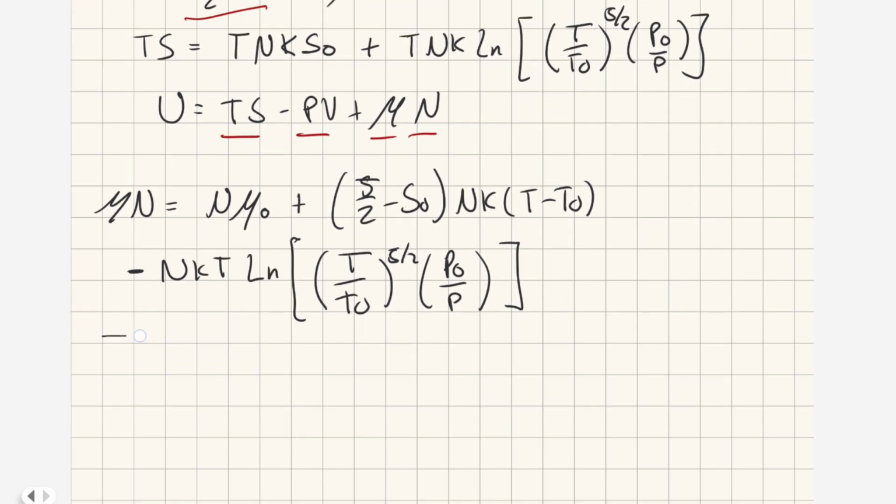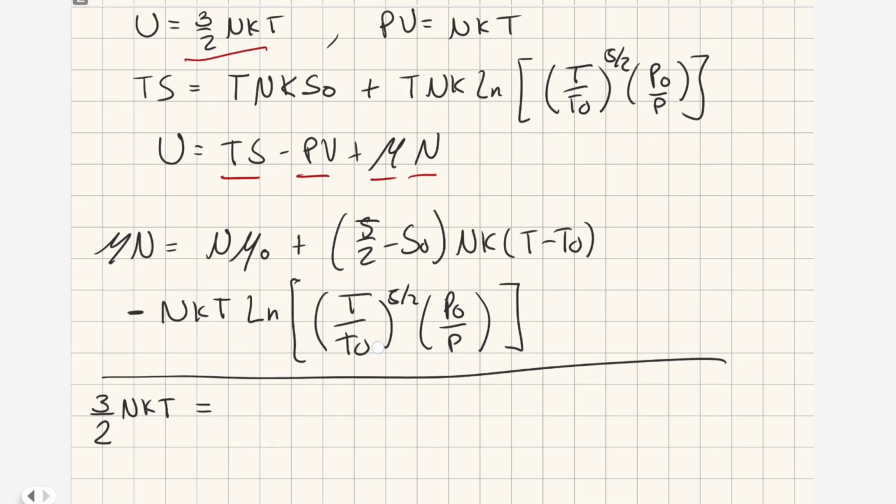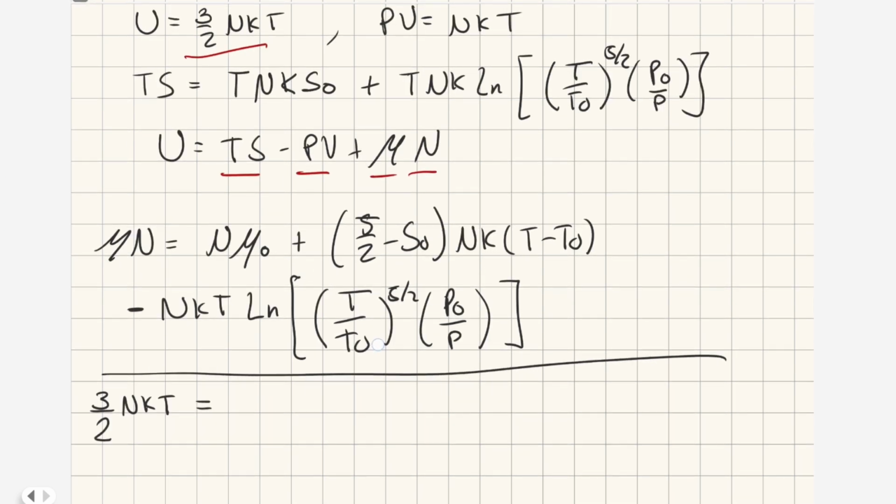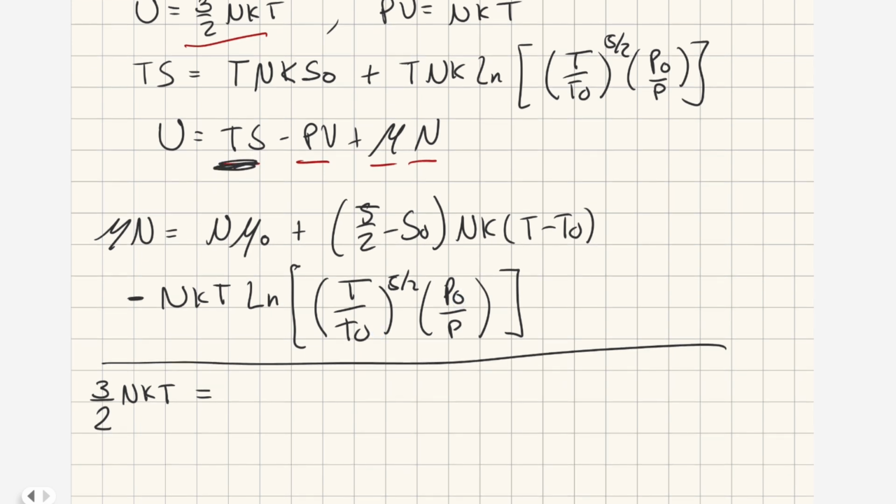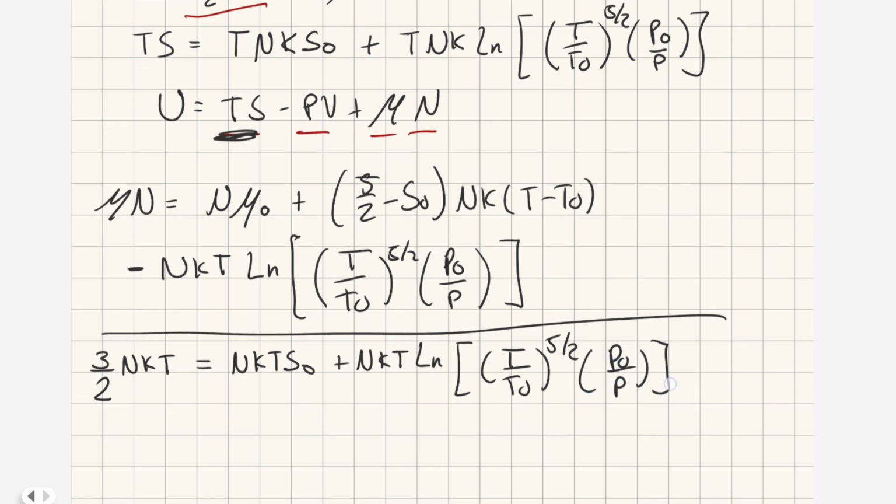For the internal energy, we will get (3/2)nkT is going to be equal to, well, we are going to start by writing the element TS. Okay, so that is nkT S0 plus nkT times the natural log of (T/T0)^(5/2) P0/P, like this.